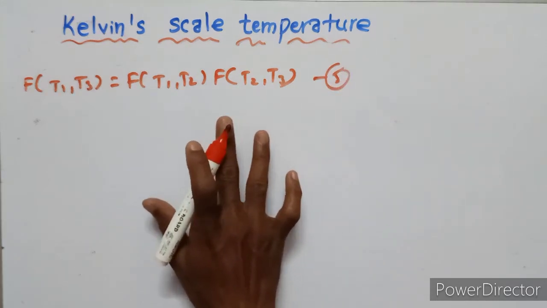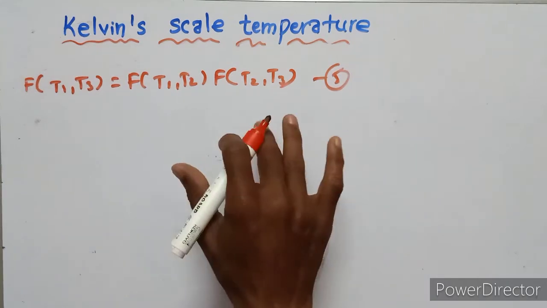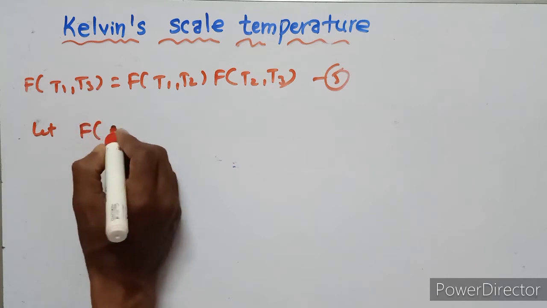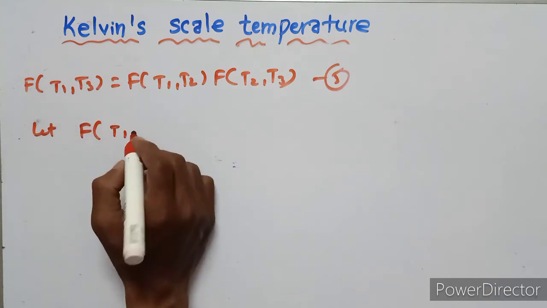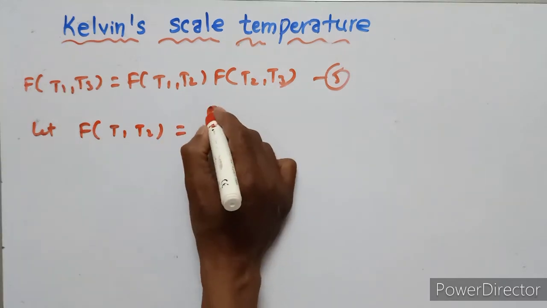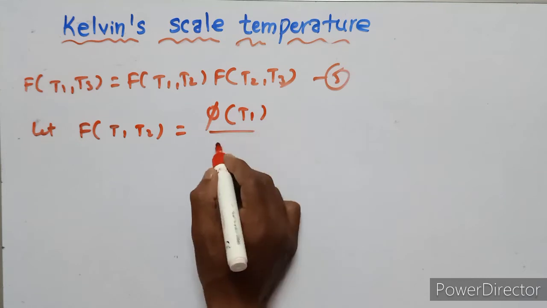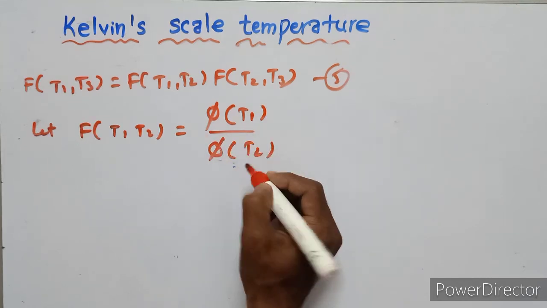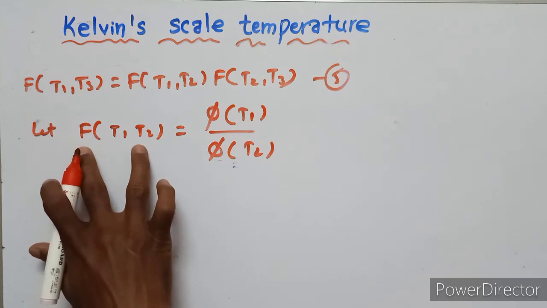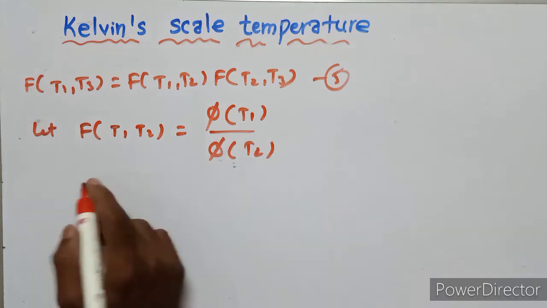But the functions of temperatures can be written as some other functions of temperature. So let the function of T1, T2 be written as phi of T1 upon phi of T2.